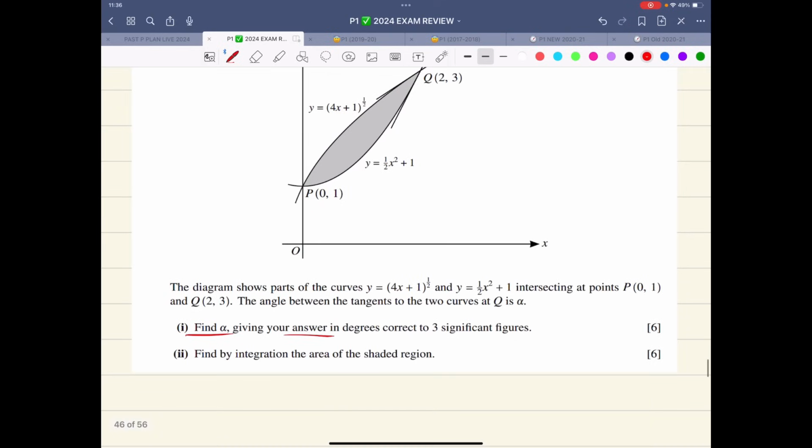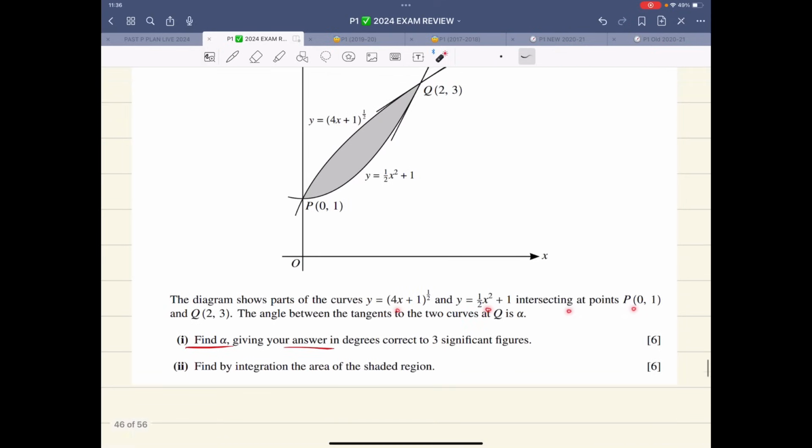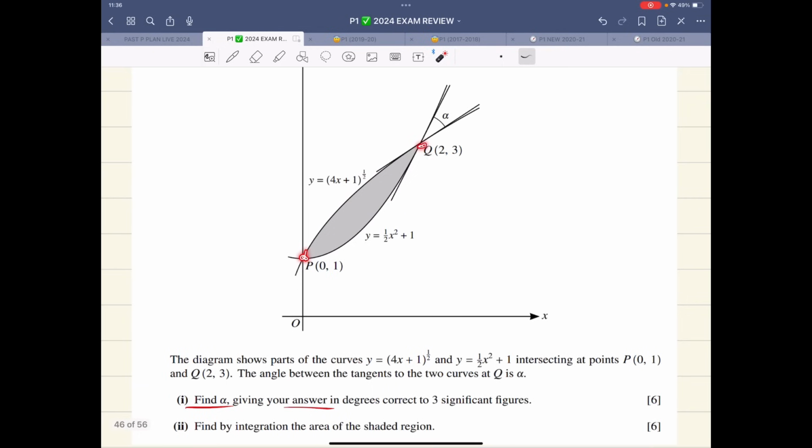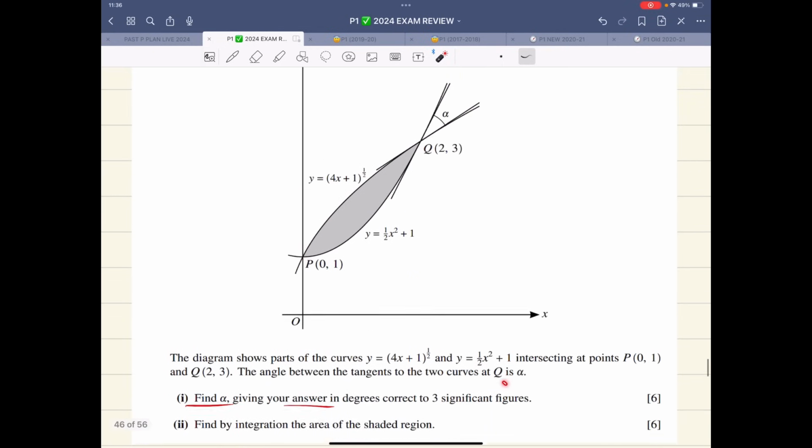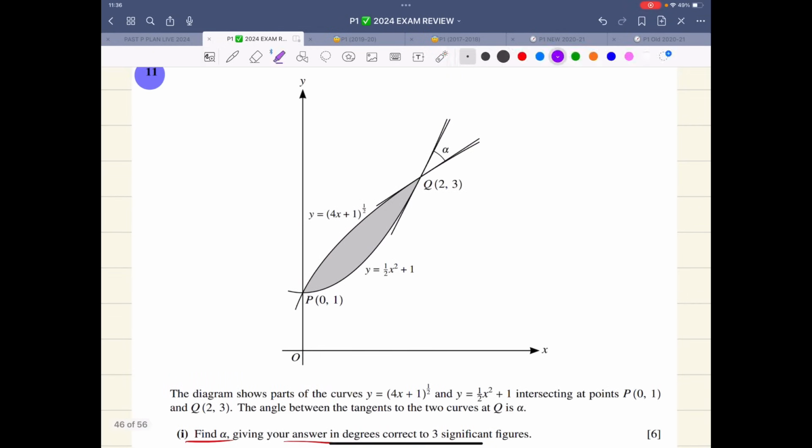It says the diagram shows part of the curve intersecting at P(0,1) and Q(2,3). The angle between the tangents to the curve at Q is alpha. Now let me focus on the purple line, and the other line like this. We need the angle between these two.